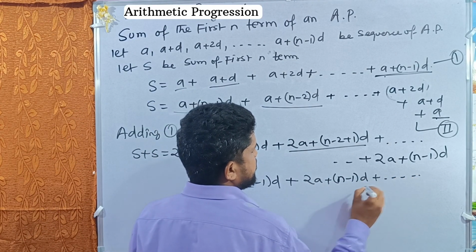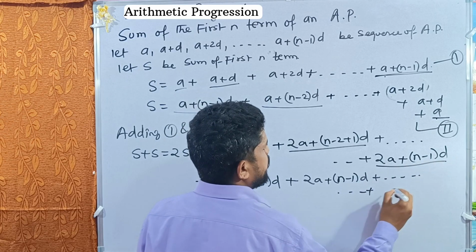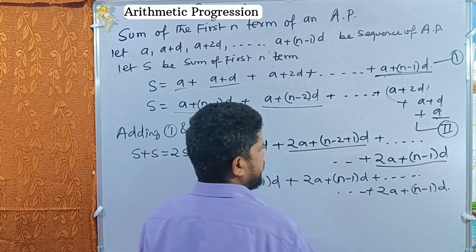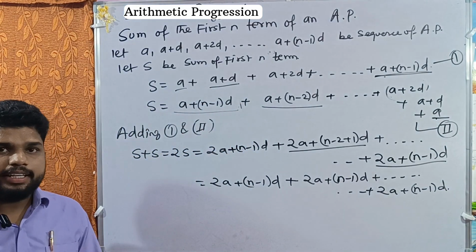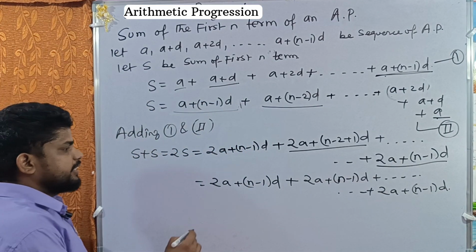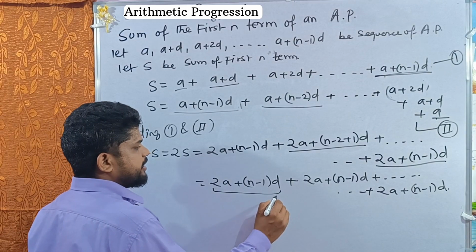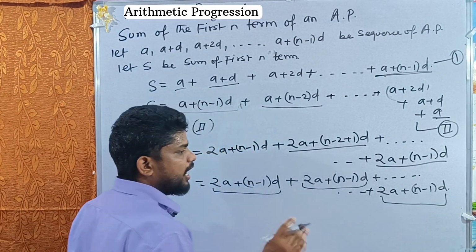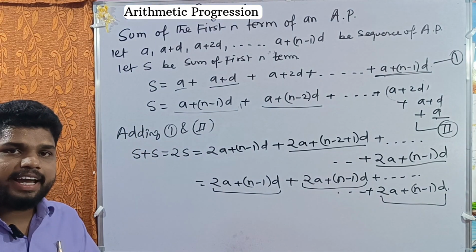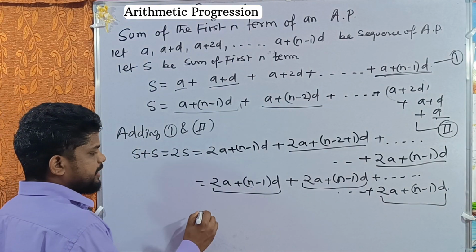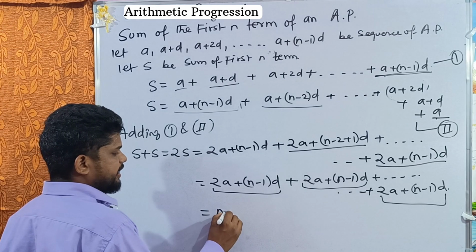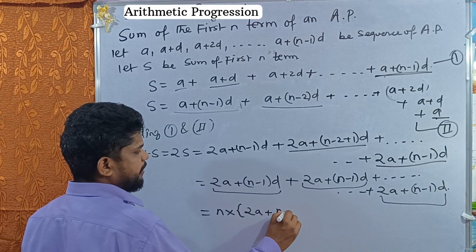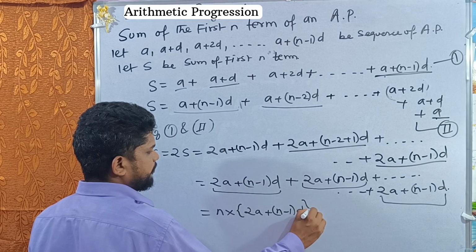And so on, up to the last term, which is also 2a plus n minus 1 d. Here, dear students, you can observe that 2a plus n minus 1 d is repeating itself n times. So I can simply multiply by n and write n into 2a plus n minus 1 d.